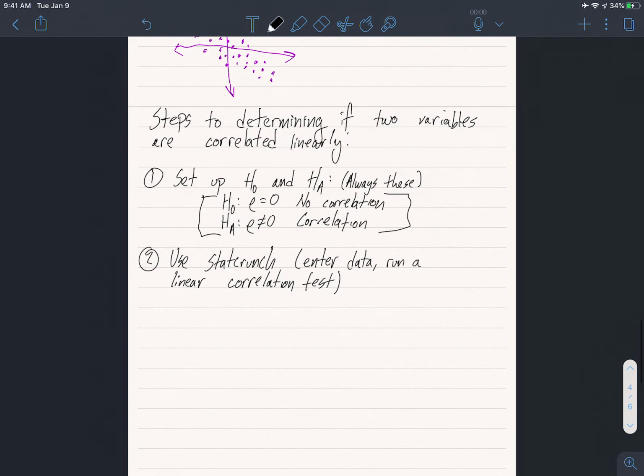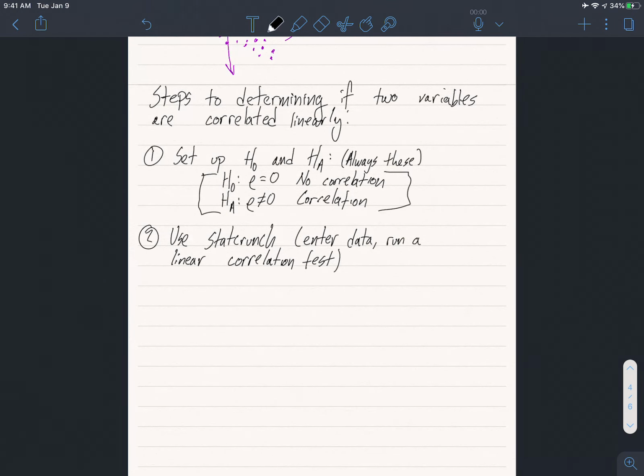So you have the hypothesis set up, and then you move to StatCrunch, the application that I hope a lot of people have at least downloaded by now or signed up for. Hopefully you haven't waited all semester and just have done everything by hand.